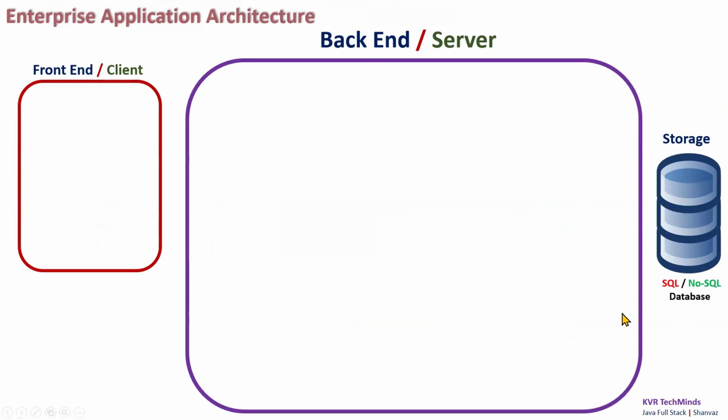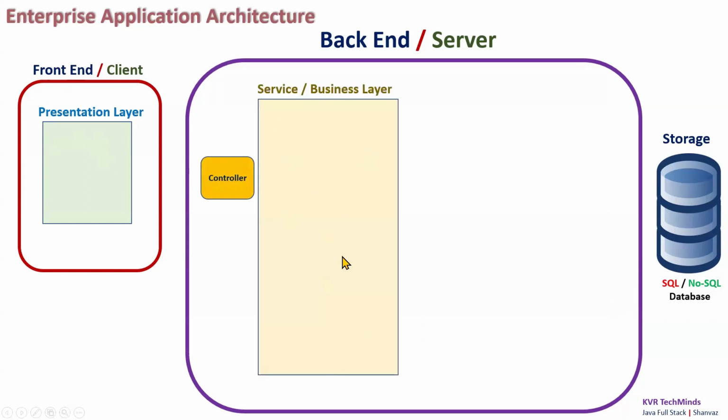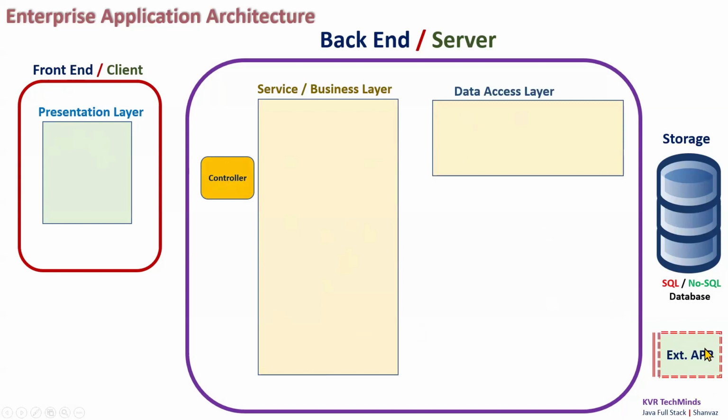You have the presentation layer, the controller, the business layer, and the data access layer, and this is an external application. When I say external application, assume that this is Amazon and this is HDFC Bank, two different applications.